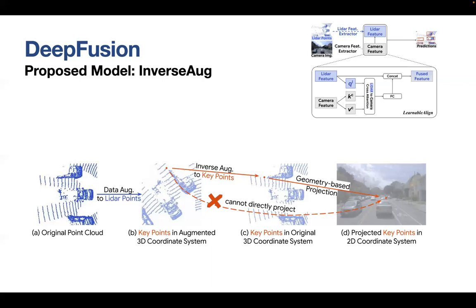And what this inverse augmentation actually does is, after generating the LiDAR features, it keeps the augmentation that was done in the beginning and inverts it at the feature level before doing the attention. So the attention module can better align these features and then calculate the fused feature to use in the LiDAR detection part.